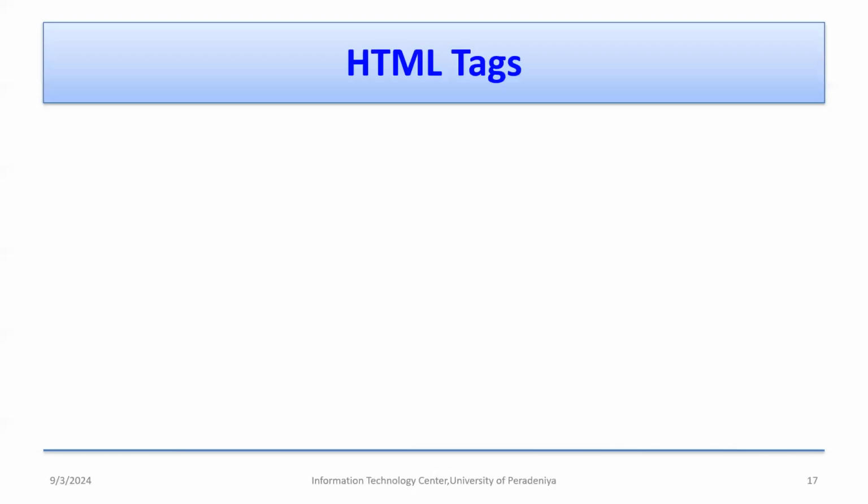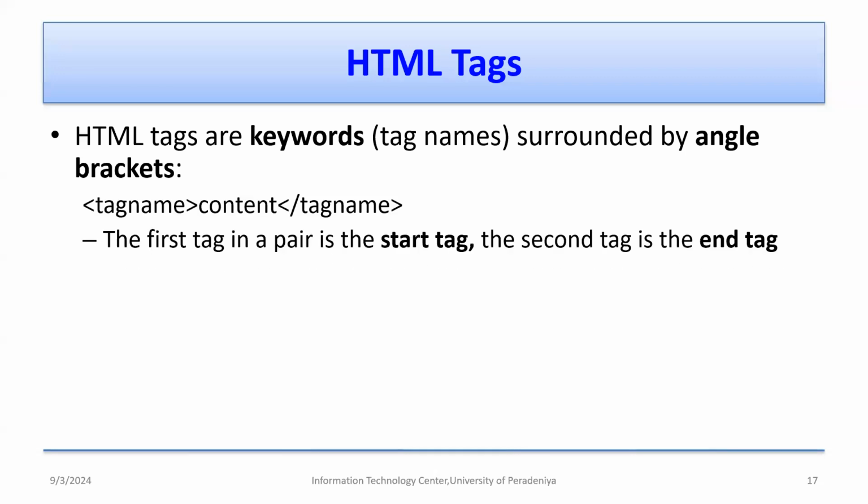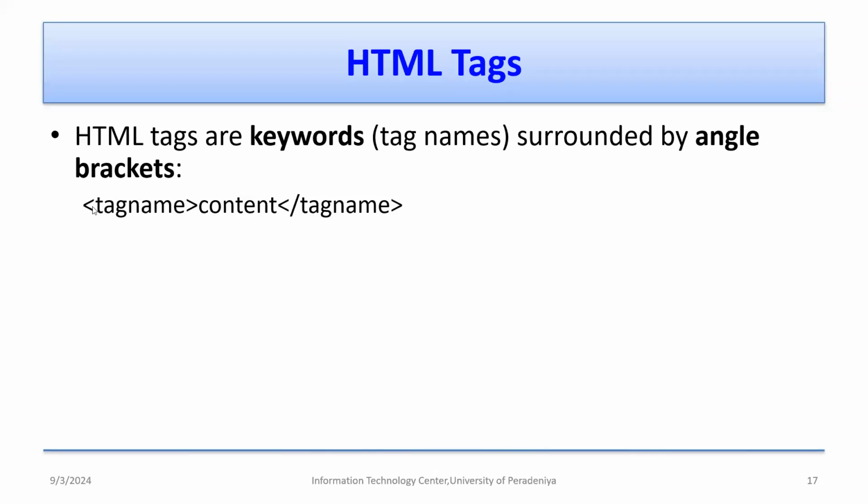and displays it. HTML tags are the keywords of the HTML language, and these are surrounded by what we call angle brackets, usually the less than and greater than symbols. This is the general format. We have a tag name in angle brackets, and here we can have content for that particular tag, and we have to close the tag.